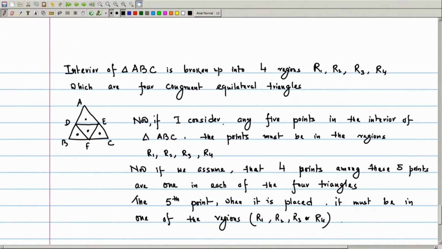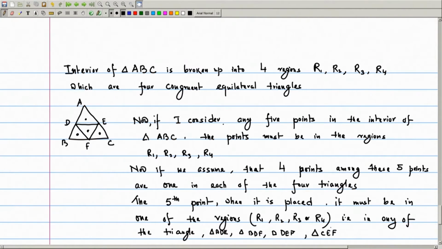That means in any one of the triangles ADE, BDF, DEF and CEF.